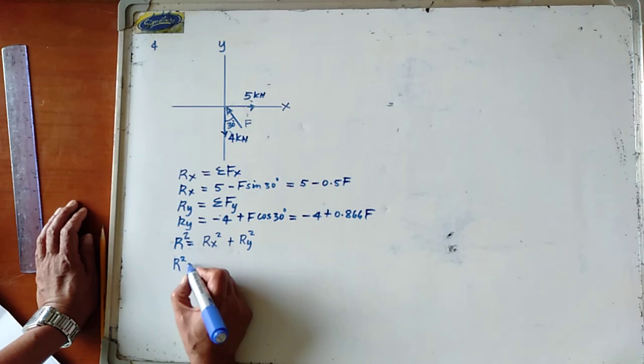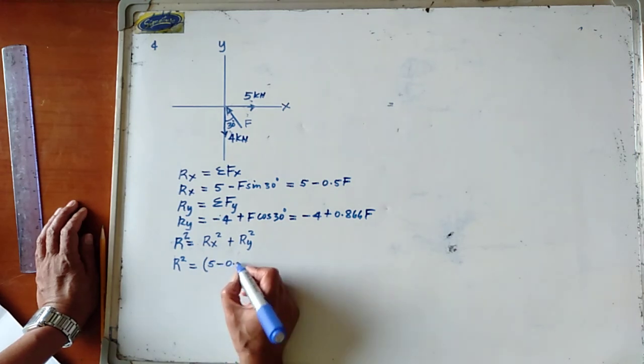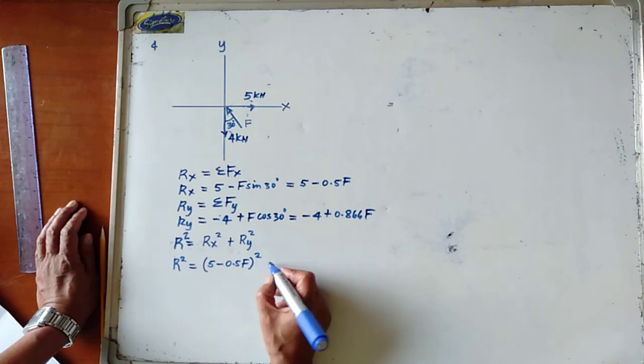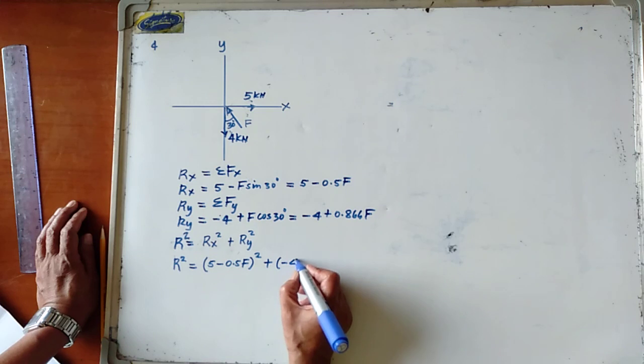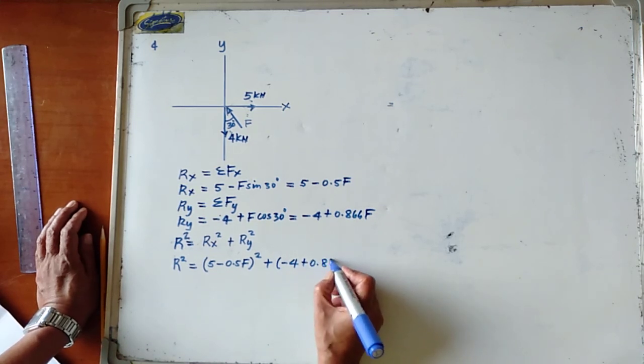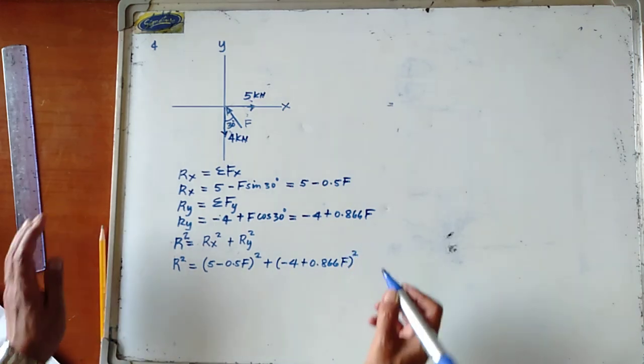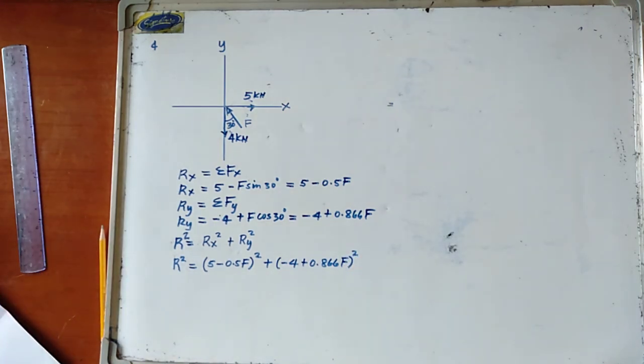So R squared is equal to 5 minus 0.5 F, squared, plus negative 4 plus 0.866 F, squared.